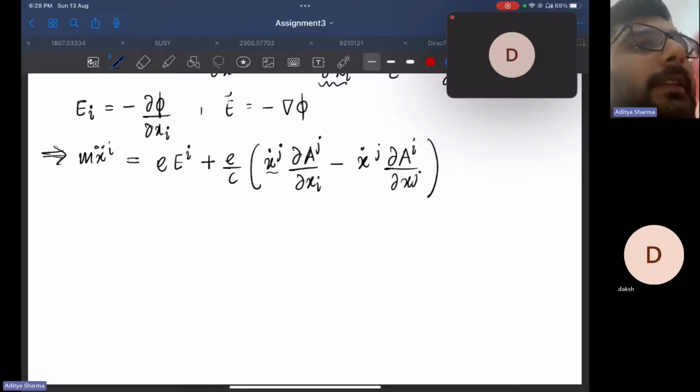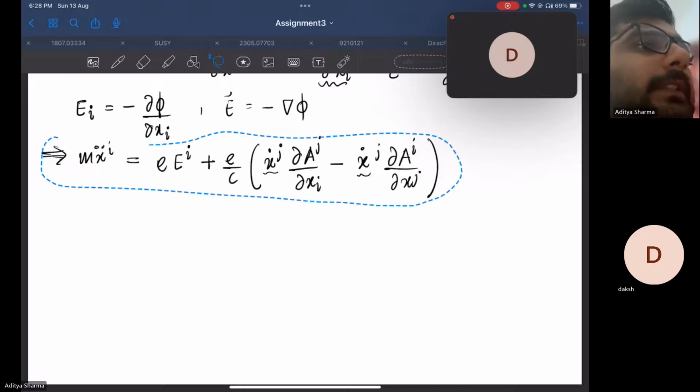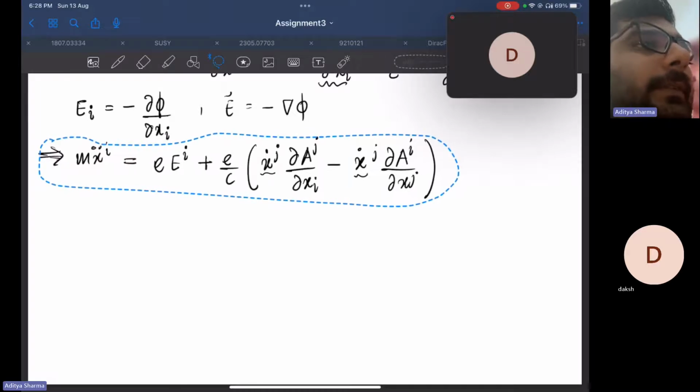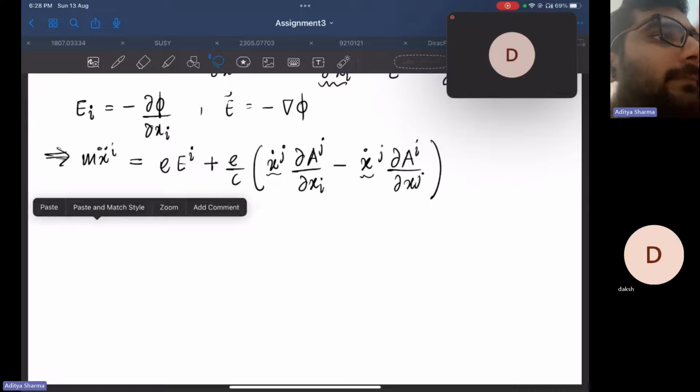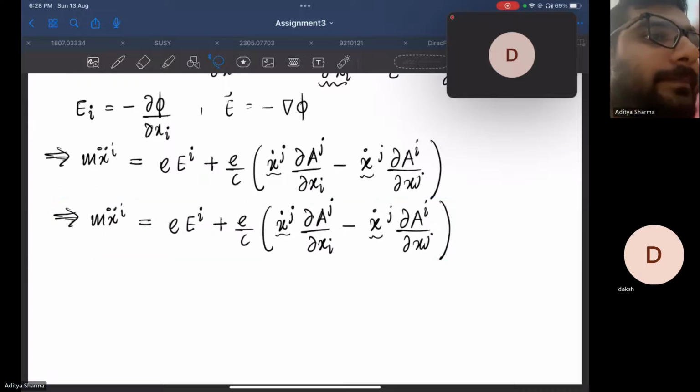And we can even take this out common. So we'll finally get the same thing. There's nothing new here, I'm just taking that common because there is some structure hidden there.